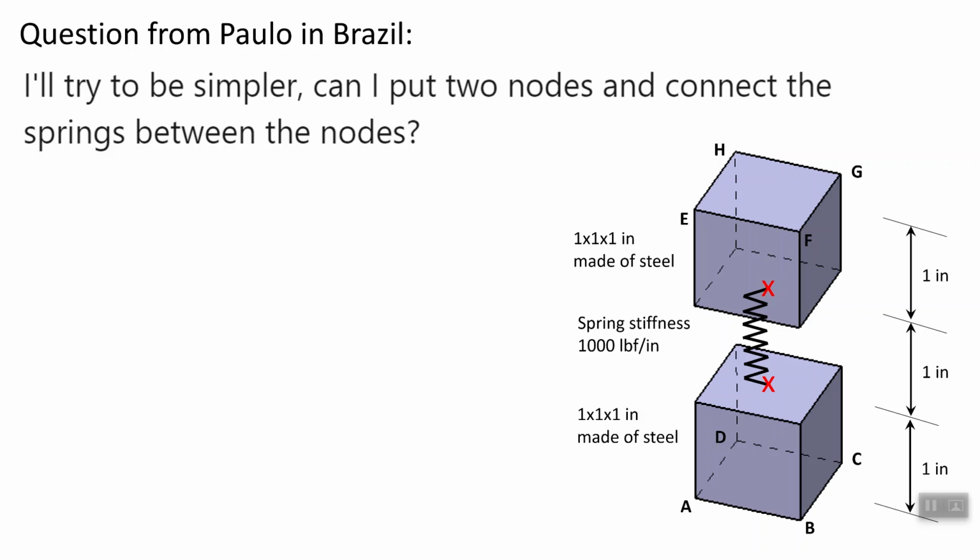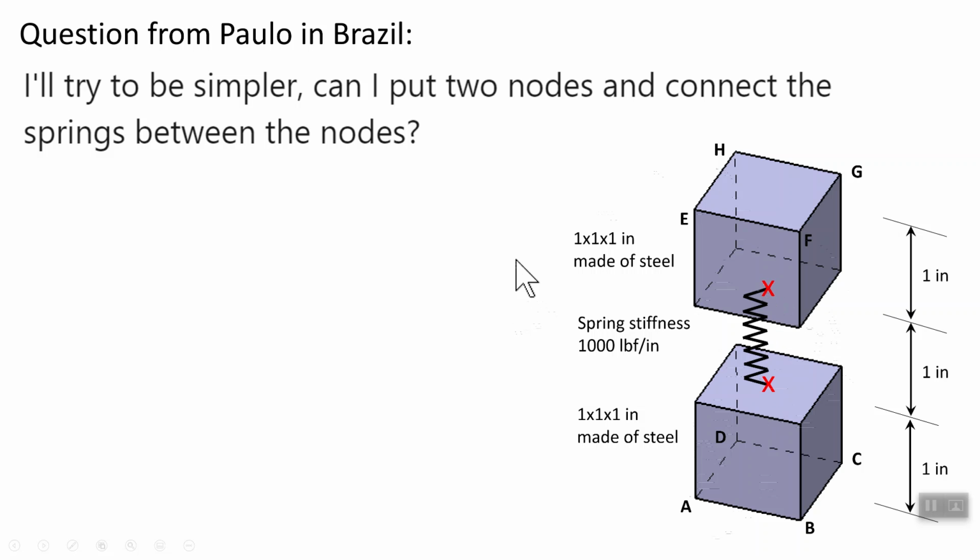So I decided to do this example where I have a block. Blocks are shown here made out of steel, and there are eventually two nodes. For example, the midpoint of this top face and the midpoint of the bottom face of that. And I want to place a spring between these two nodes.